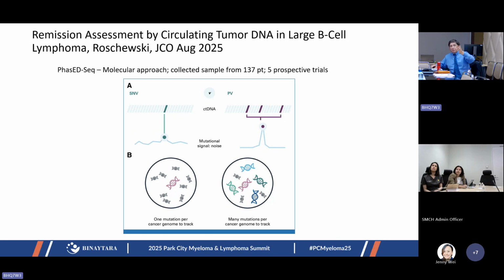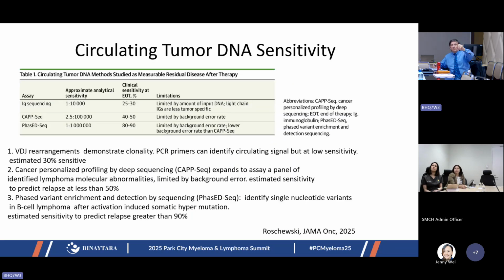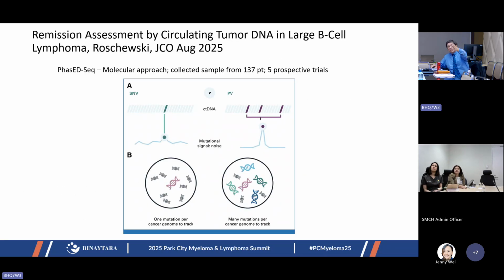So if you look at CAP-seq versus phase Z-seq, with CAP-seq you can track 1 mutation per genome. With phase Z, you're tracking 3 or 4 or 5 mutations from blood. It's circulating tumor DNA, and so you're actually tracking mutations.